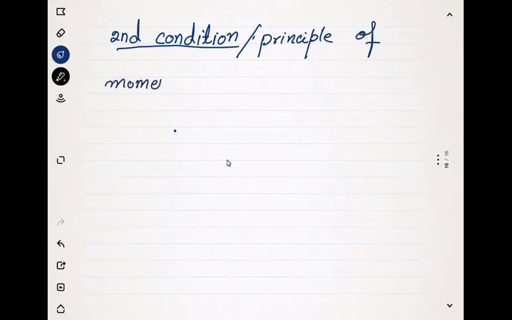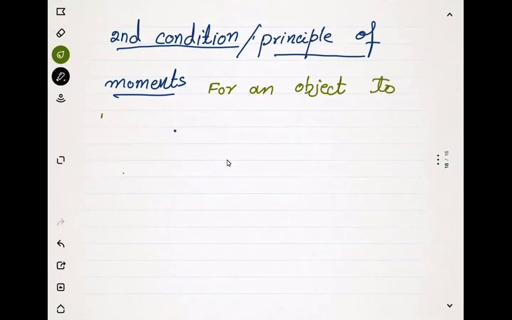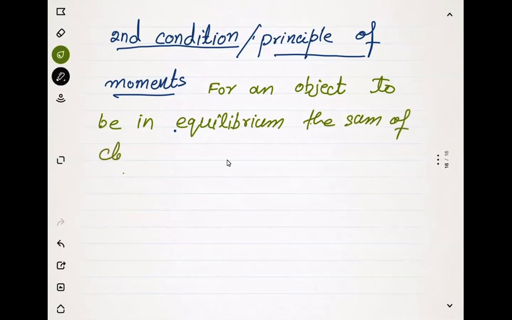This condition states that for an object to be in equilibrium, the sum of clockwise moments. Now, moments are calculated about a point.